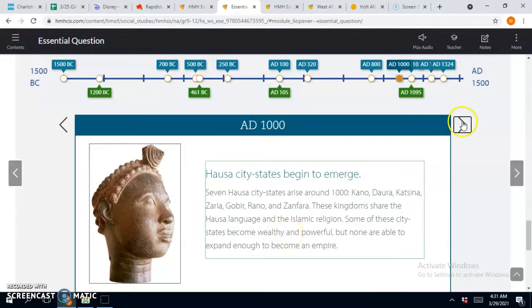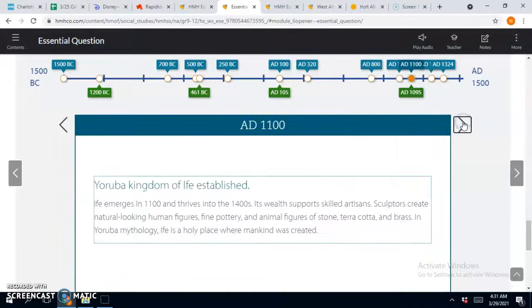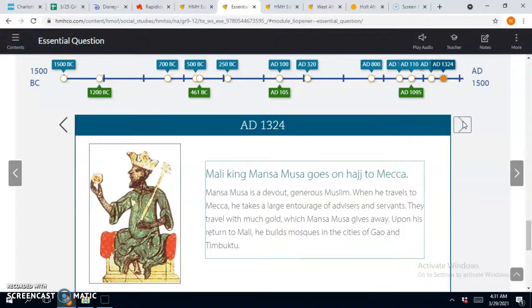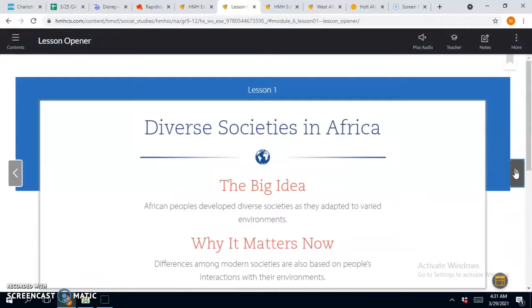You would write that down to learn more about them. And then the Yoruba and Sundiata founds Mali Empire, where Mansa Musa came from. And see, there is a whole section on Mansa Musa. And then you'd be ready to go to the first lesson.